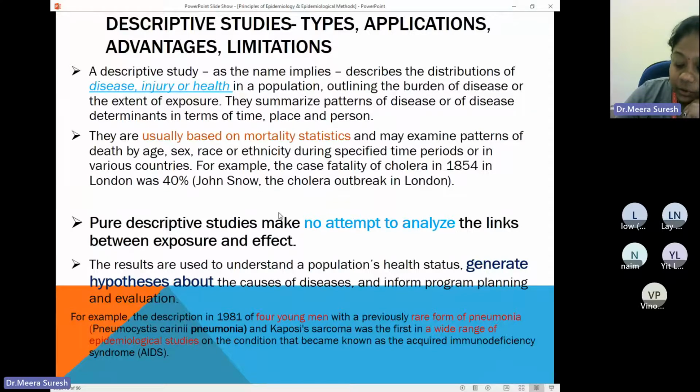You just describe it. So what you end with in a descriptive study, we call an etiological hypothesis. And when someone starts with that etiological hypothesis and decides to test it, those studies are called analytical studies.